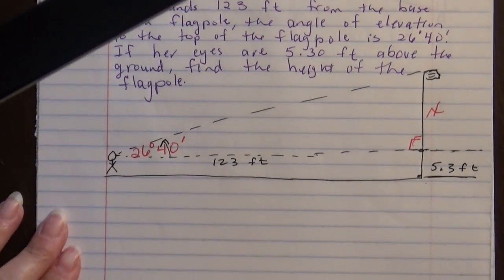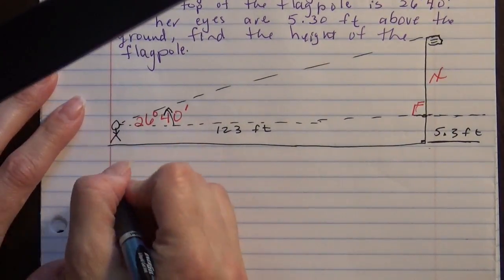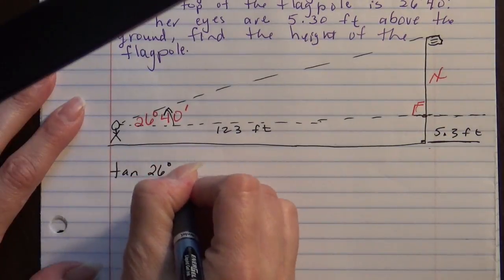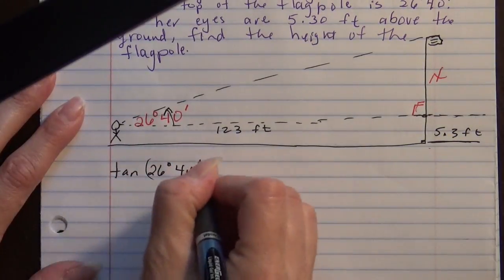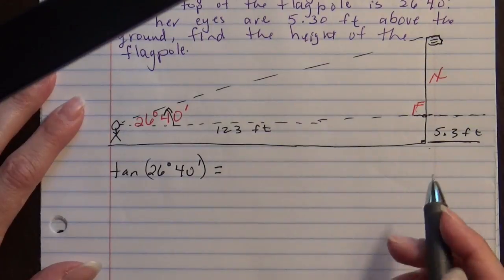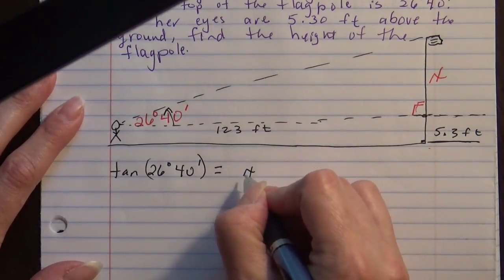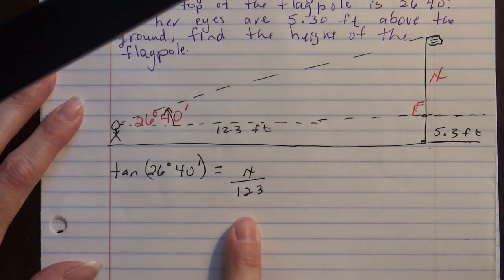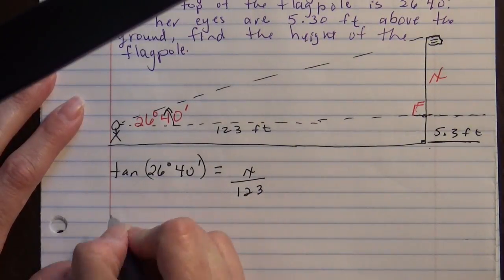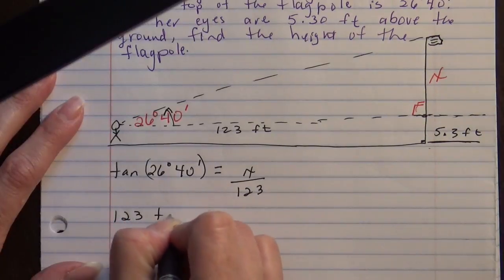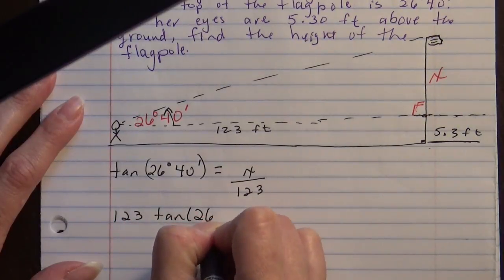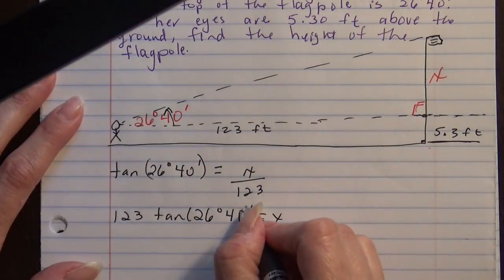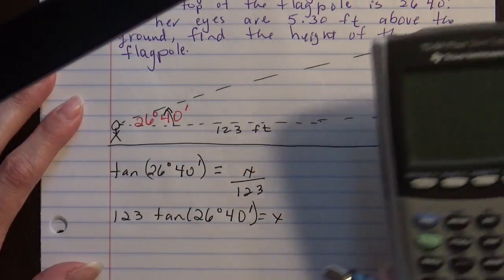So let's calculate tan of 26 degrees 40 minutes. We know that this is equal to opposite X over adjacent 123. If I multiply both sides of my equation by 123, I've got 123 times tan of 26 degrees 40 minutes equals X. And we'll type that into the calculator.